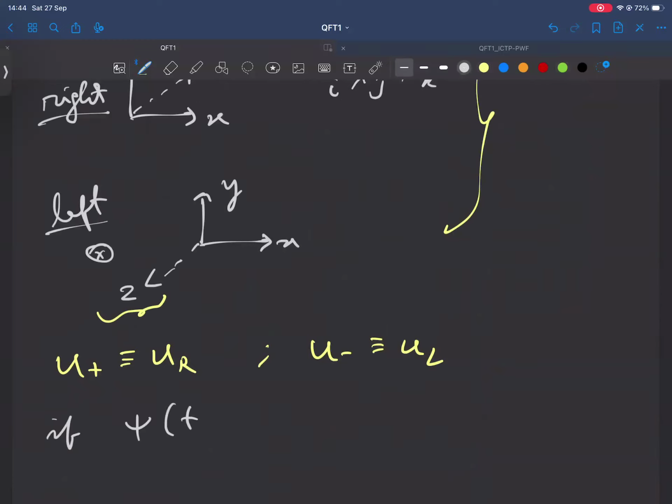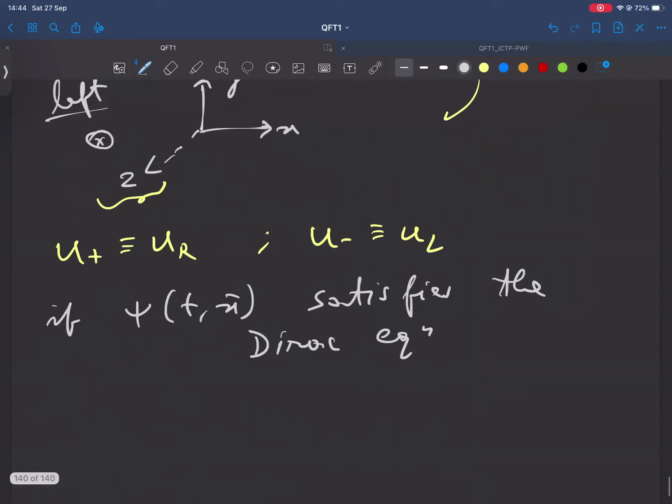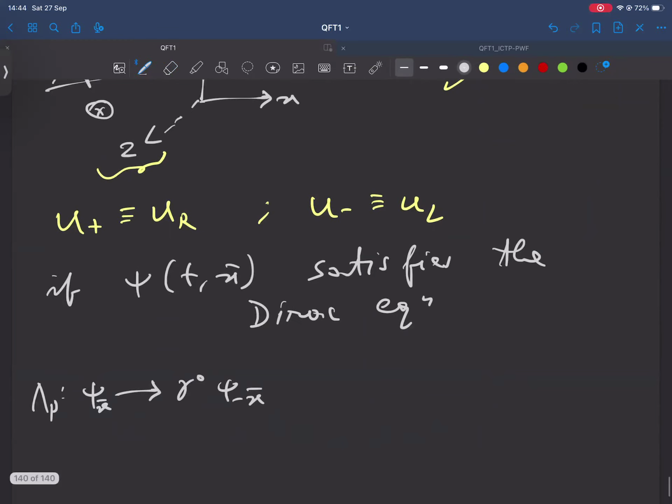Let's say psi satisfies the Dirac equation. Then you can show that, we said that when parity acts on psi, we get gamma 0 psi, but the x becomes minus x here. So you can show that gamma 0 psi of t, minus x also satisfies the Dirac equation.